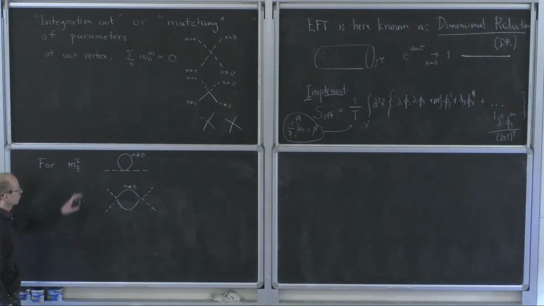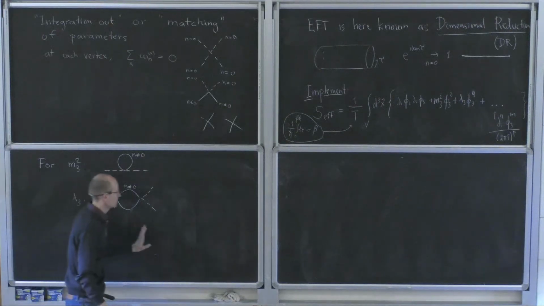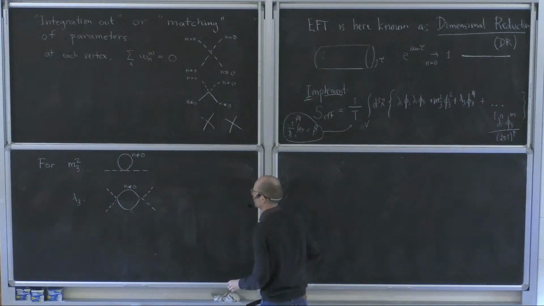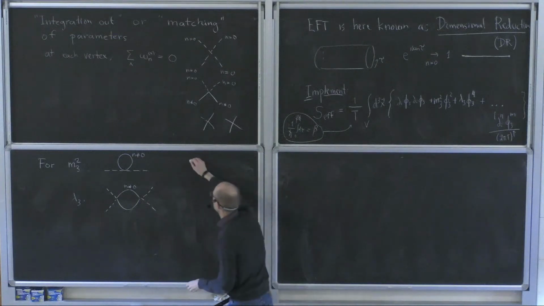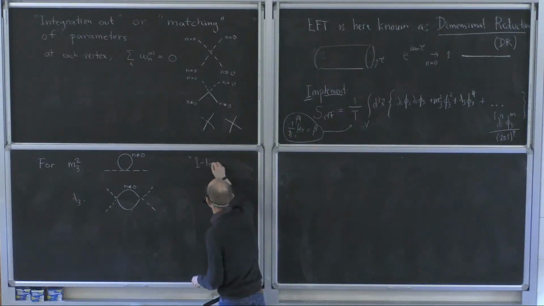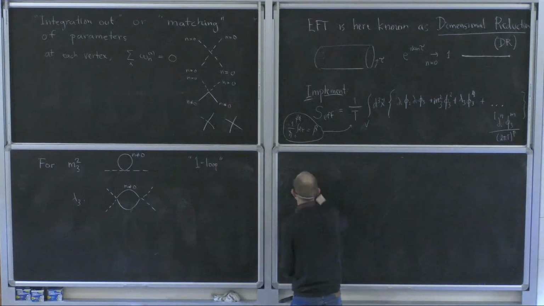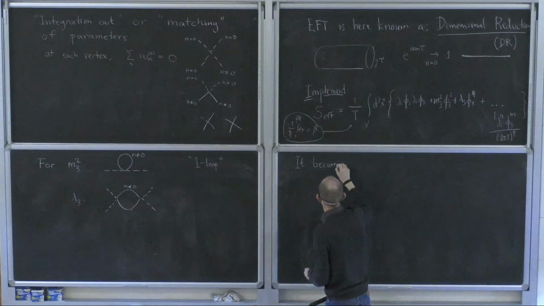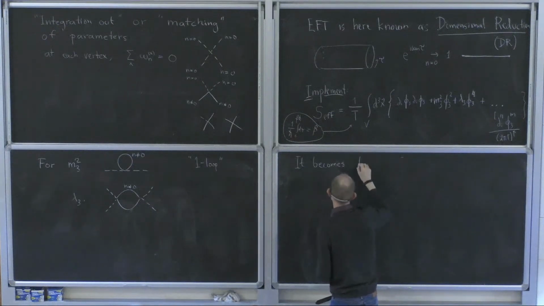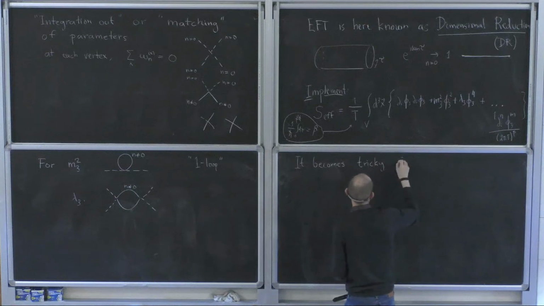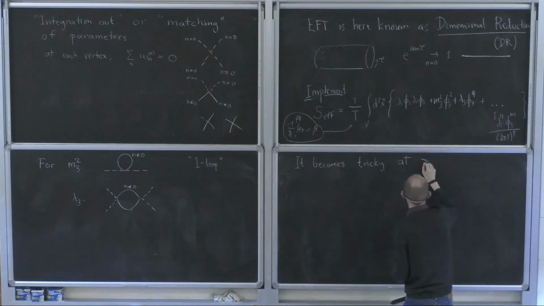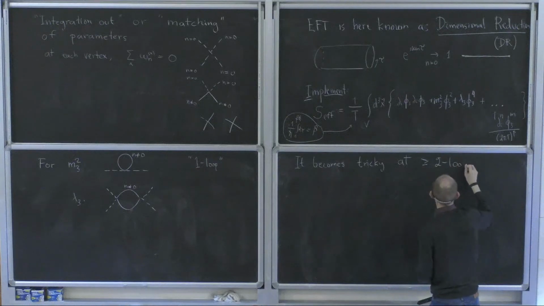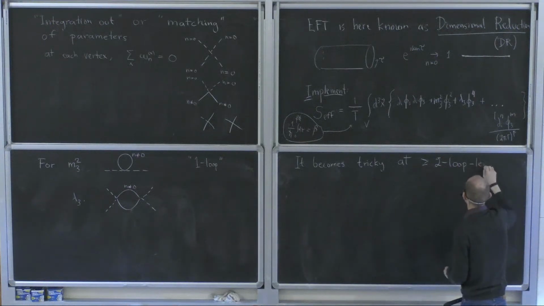Okay. So far it's all fine. But of course it doesn't stop there, and this is sort of one loop. And so somehow it becomes a lot more interesting, and also a bit tricky at 2-loop level or higher.